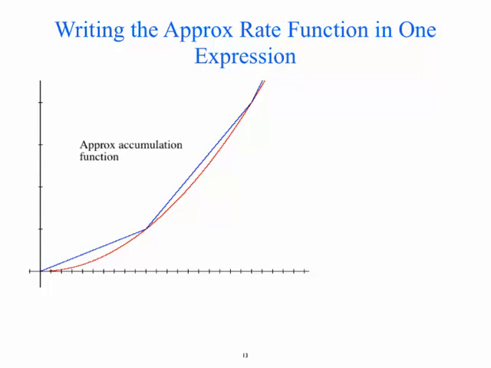So we're going to think about, say, we're going to take this interval right here, from here to here, as just any interval in an approximate rate function that we're picking, we're creating. So this is the idea of arbitrary.